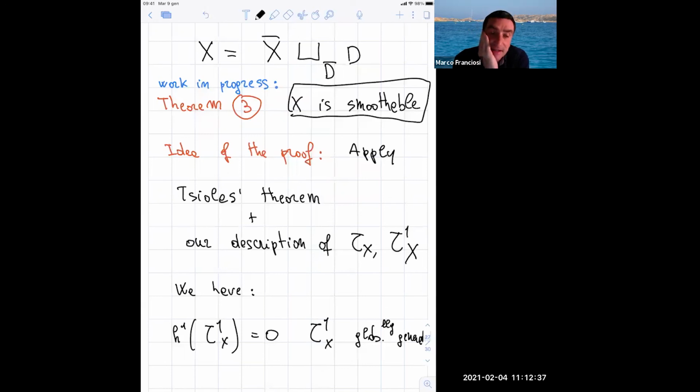Because this D, in some sense, is the same elliptic curve, but at the pinch point, we have some shrinking.